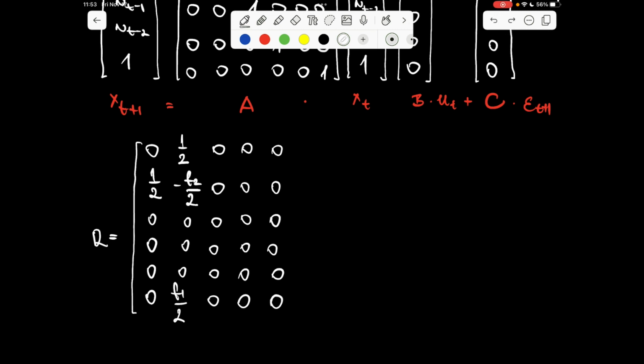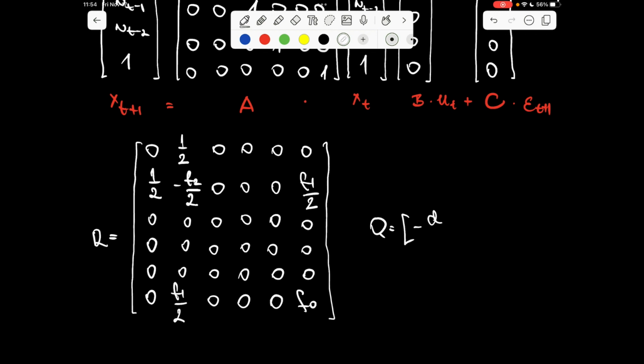This is 0. And this is f1 over 2, 0, 0, 0, f0. And Q is simply minus d over 2.